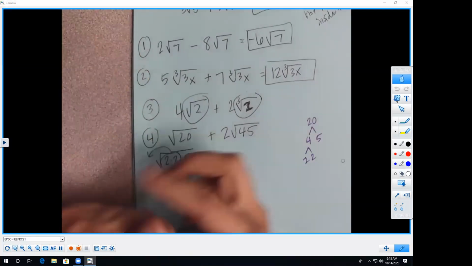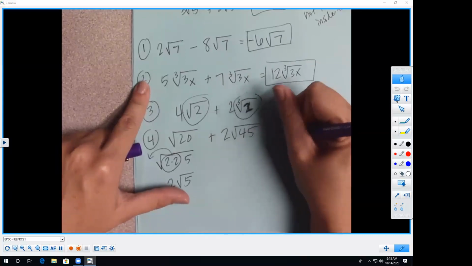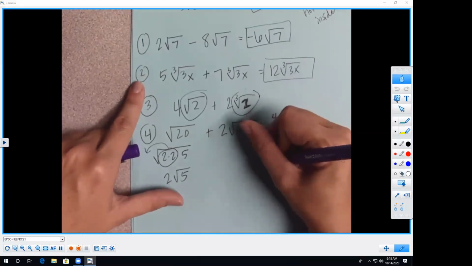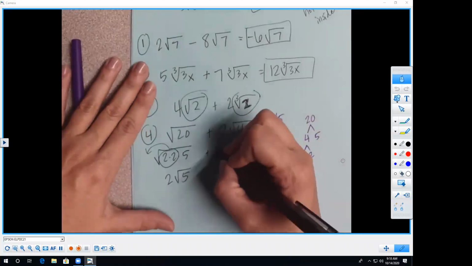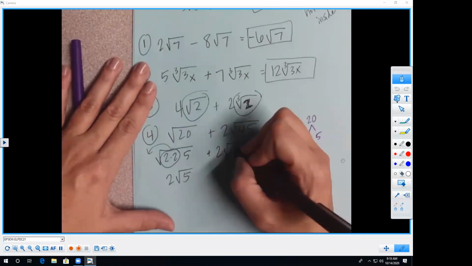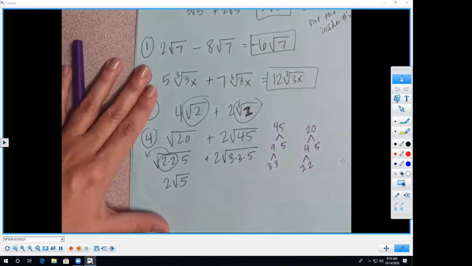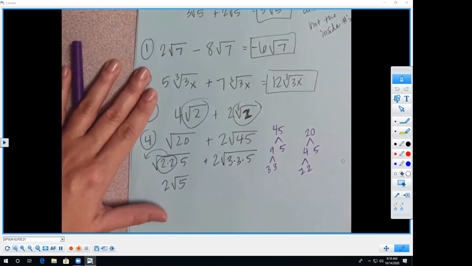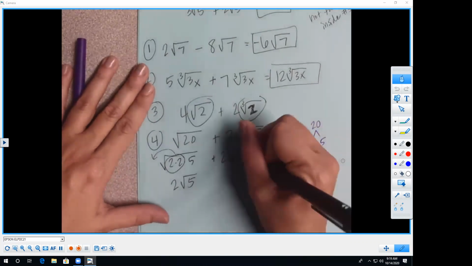For the other one, for 45, I can break that down also. 45 is 9 times 5. 9 is 3 times 3. So this is 2 on the outside, 3 times 3 times 5. What can you bring out on this one? A pair of 3's, right? So I can pull out a pair of 3's.